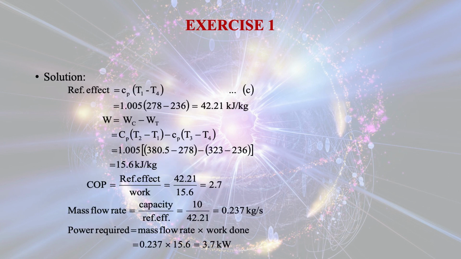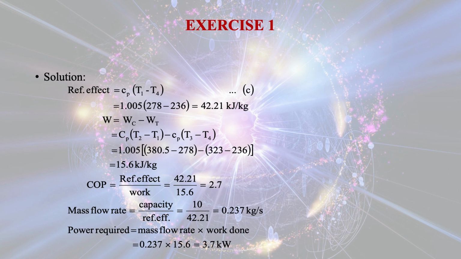Refrigerating effect is equal to Cp multiplied by T1 minus T4. If you put the values of T1, T4 and Cp, the refrigerating effect for this case will be equal to 42.21 kJ per kg.